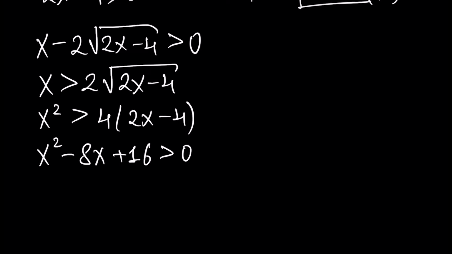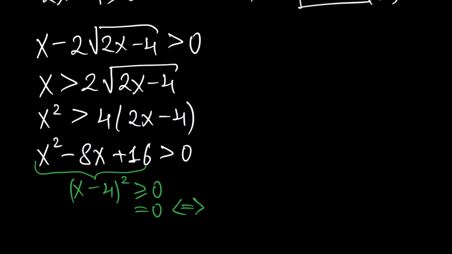Since this can be written as x minus 4 squared, this value is actually greater or equal to 0, and it is equal to 0 if and only if x is equal to 4.